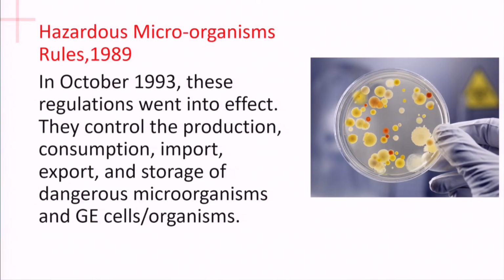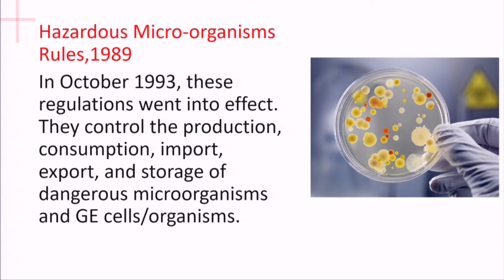Next, coming to the hazardous microorganisms rules, which came into force during 1989. In October 1993, these regulations came into effect. They controlled the production, consumption, import, export and storage of dangerous microorganisms and the cells or organisms.